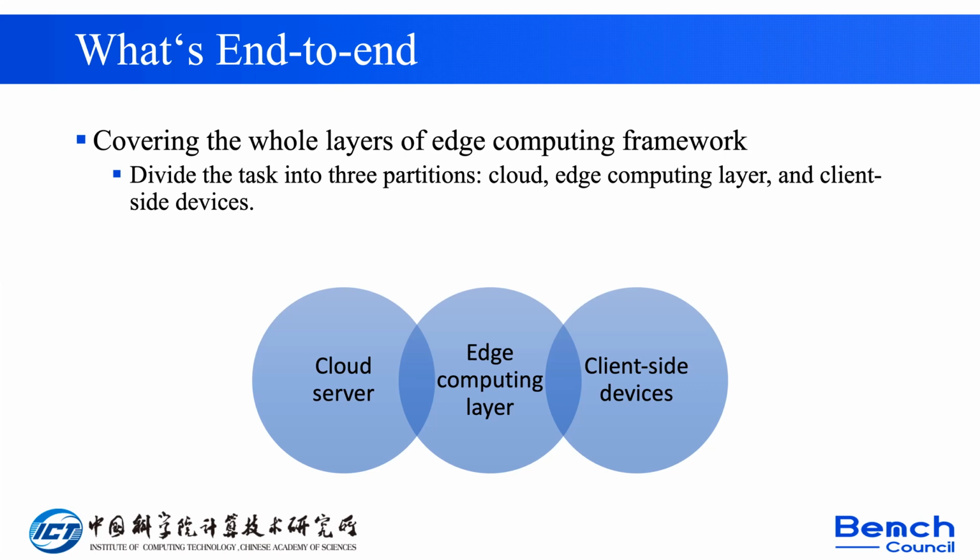In the edge computing scenarios, the distribution of data and the collaboration of workloads on different layers are serious concerns for performance, security, and privacy issues. So for benchmarking, designing, and implementing edge computing systems or applications, we should take an end-to-end view, considering all 3 layers and their collaboration.